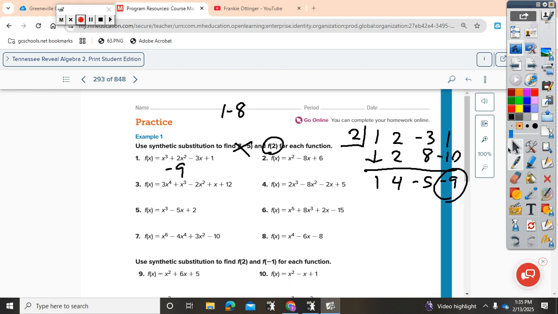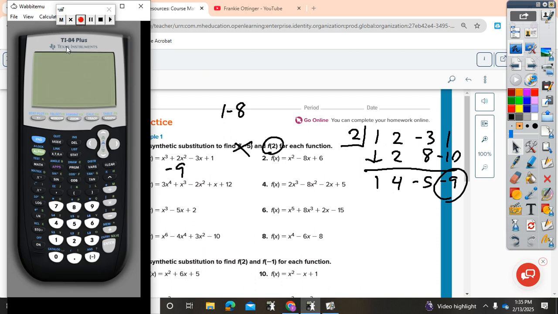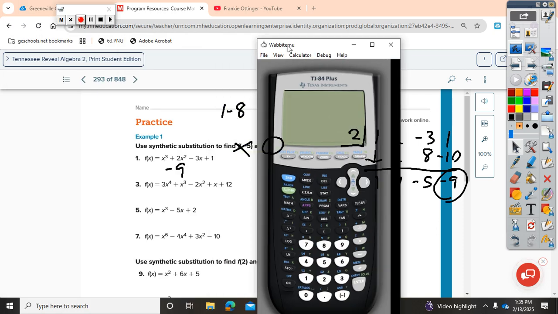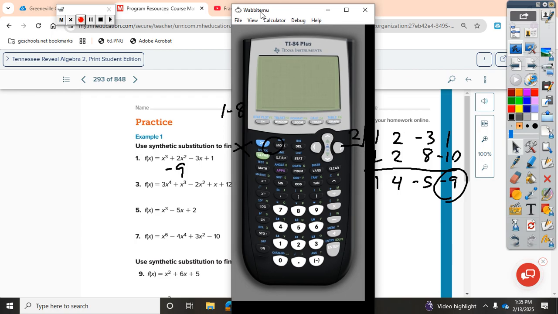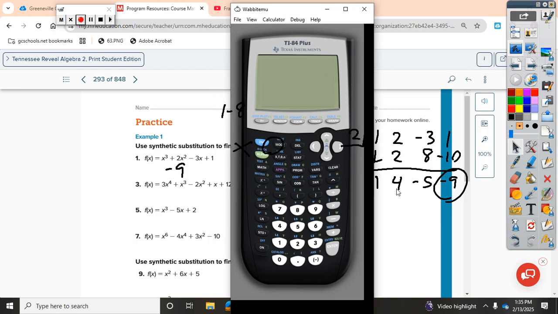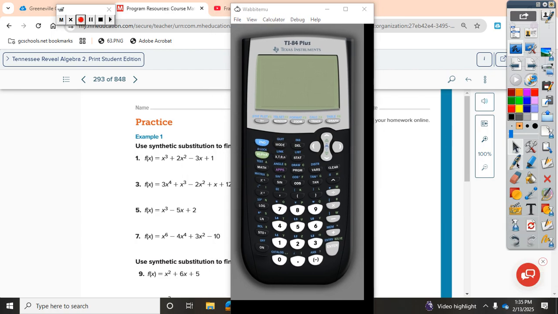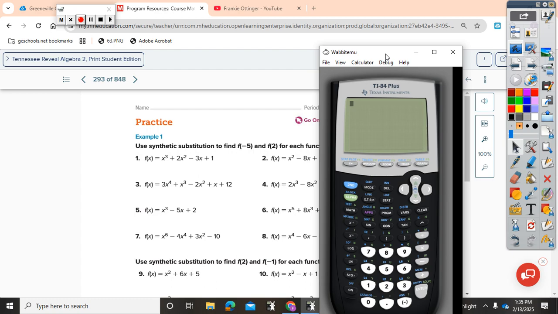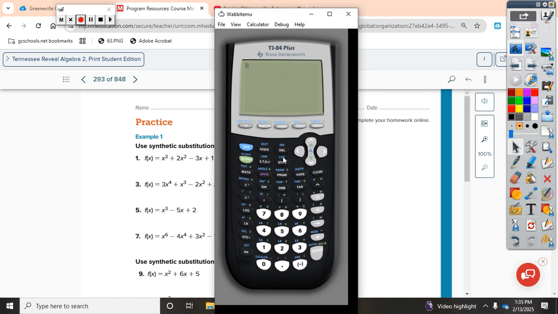Now what I didn't show you in the original notes is this is called synthetic division or synthetic substitution. So another way that you can get this answer, and it is all calculator based, is to plug the equation in, but wherever you see x, we're plugging in 2, right?